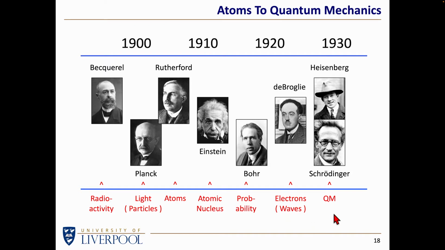So Heisenberg and Schrödinger were the principal architects who tried to draw together all of this conflicting information that was established from previous centuries and in these 3 decades to try and build a mathematical construct, a mathematical theory, which explains why we get this particular behavior.